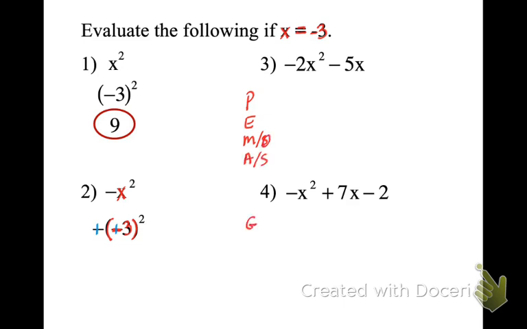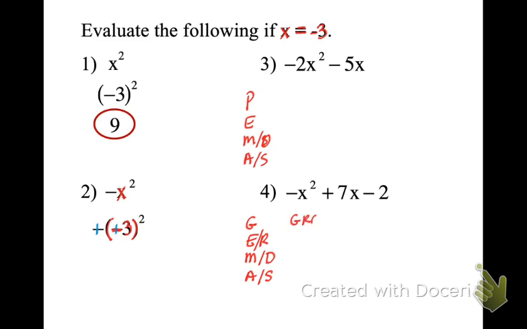Okay, now we call it GERMDAS, meaning we've gotten away from PEMDAS because of parentheses; we use all kinds of grouping symbols in high school. So any kind of grouping symbol.